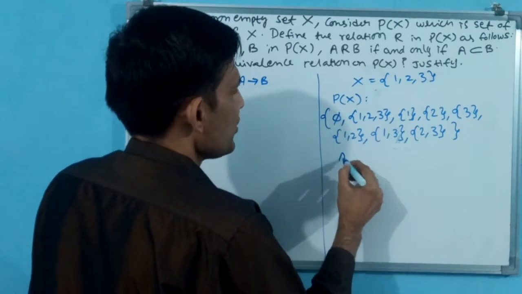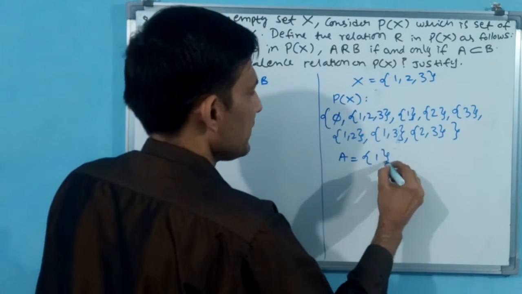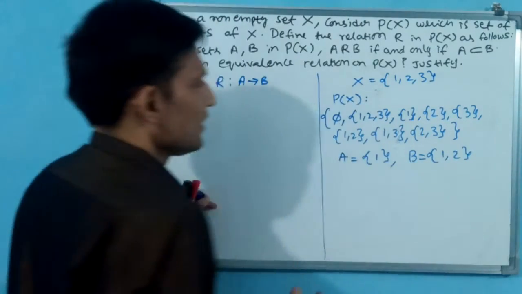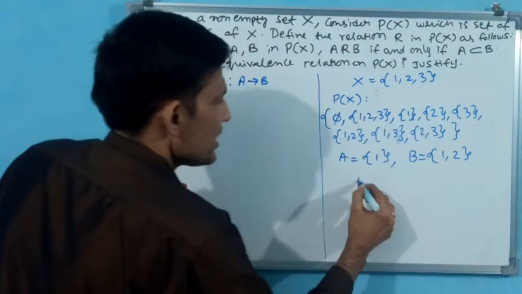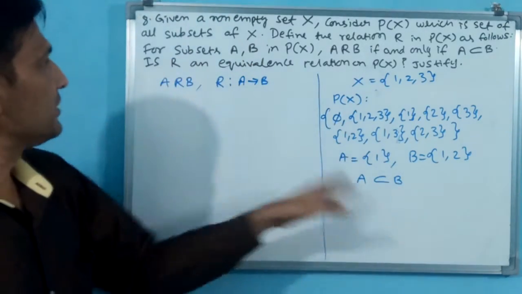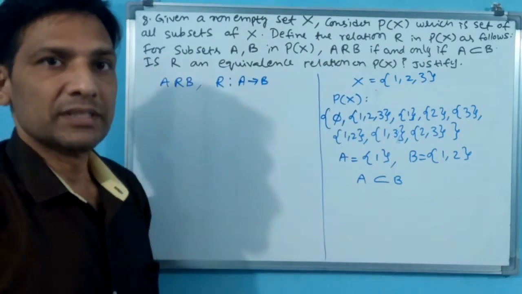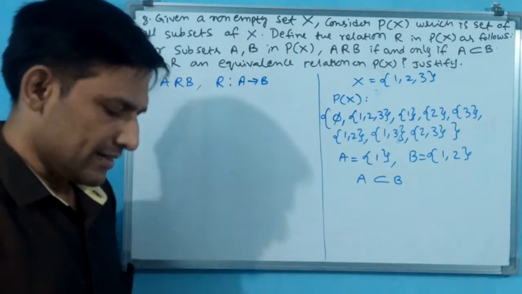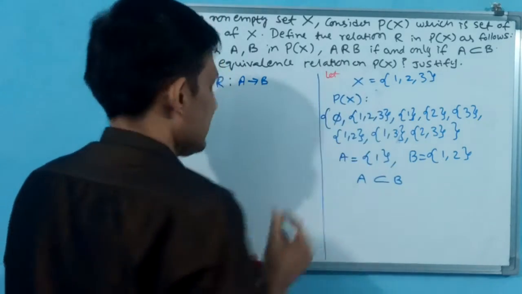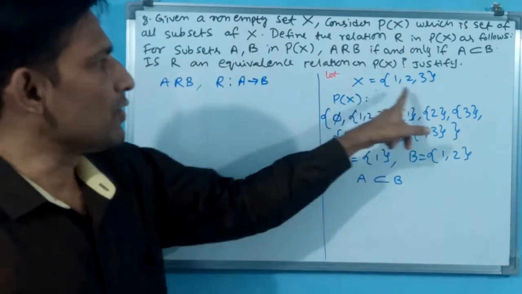Then again, A you can take only one element, and B you can take 1 and 2 as elements. Now you see, A is a subset of B. First see the compatibility with this data. Let X be 1, 2, 3.